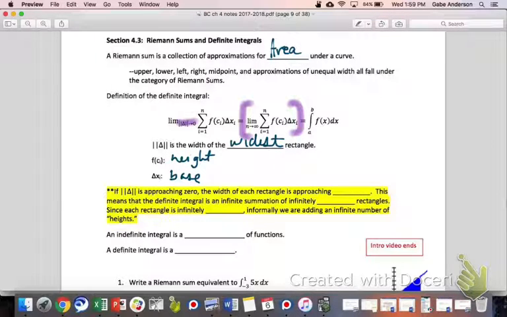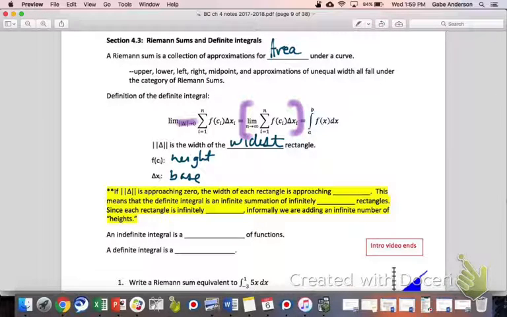That's the same. What I want to do is help you understand how the thing on the left and the thing in the middle are really the same thing, just looking at the coin from 2 different sides. So the one in the middle we've been working with, we've basically been saying that we want the number of rectangles to go towards infinity. Well, if the number of rectangles goes towards infinity, then the width of them would go towards 0. If you look at the expression on the left, it's saying the limit as the width of the widest rectangle goes to 0. So, okay, if the widest rectangle is approaching a width of 0, then how many rectangles would there need to be?